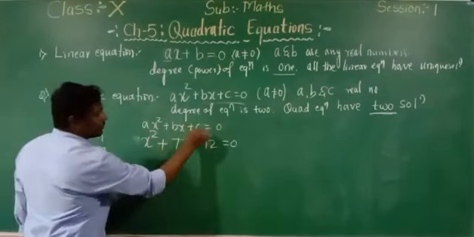Okay, now split the given question. Here we are taking one question now: x square plus 7x plus 12 is equal to 0. Write the first term as it is, x square, and split the middle term. When you split the middle term, the two terms should add up to the middle term, and the product of those two terms is equal to the product of the first term and last term.